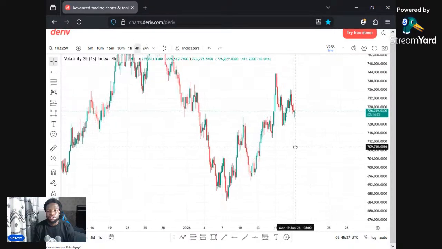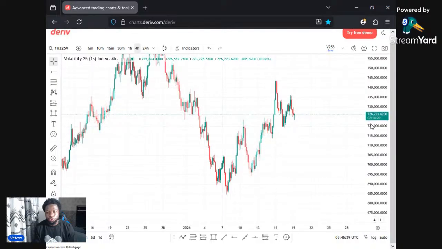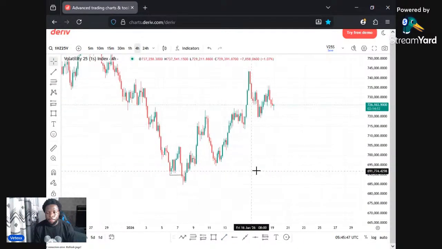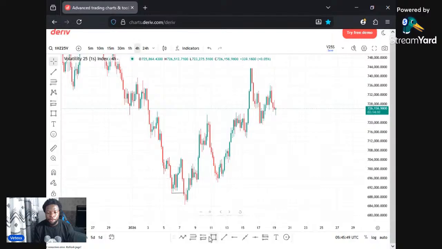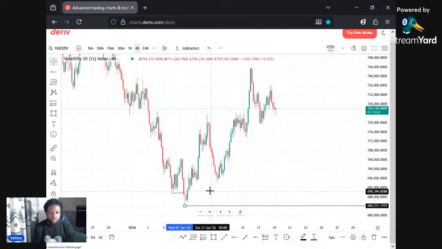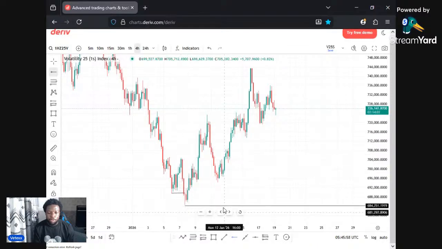Okay, we've been anticipating this for days now, which is price giving us our sweep of liquidity here, giving us our protected low here, and then price giving us our protected low here.